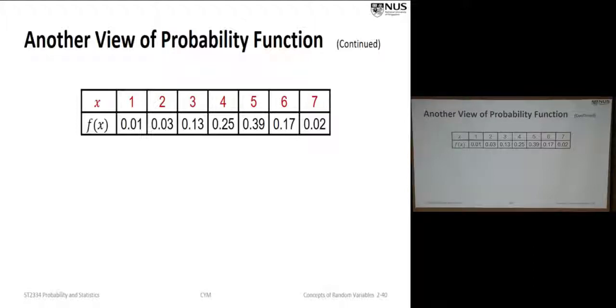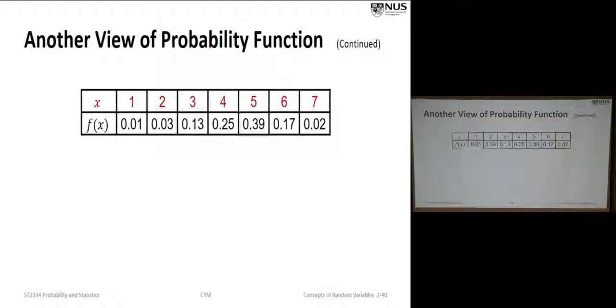So you can think of it something like this. We look at 35,000 students, but I can replace each student by the number of modules that he takes. So I have 35,000 numbers, ranging from 0 to 7. But they are not all the same proportion.